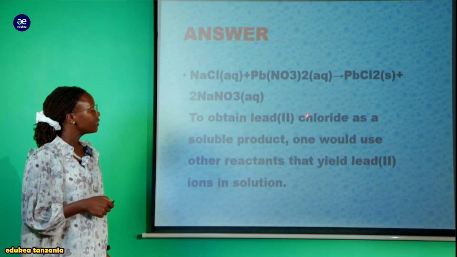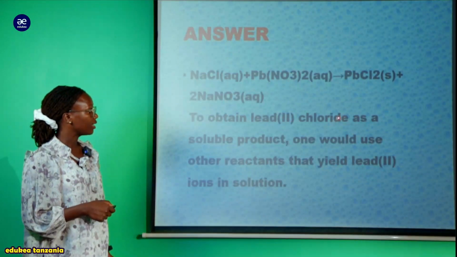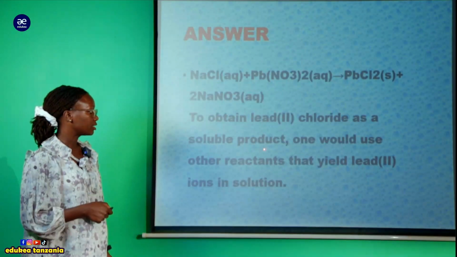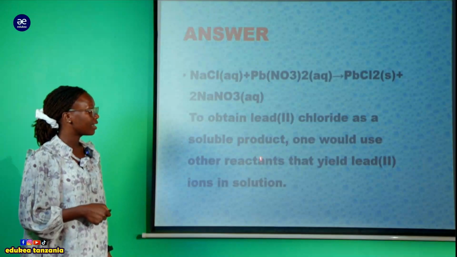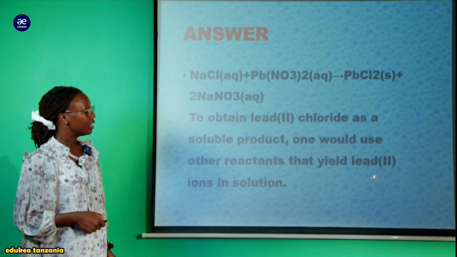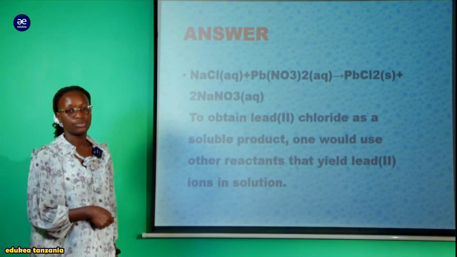So to obtain lead 2 chloride as a soluble product, one would use another reactant that yields lead 2 ions in the solution.